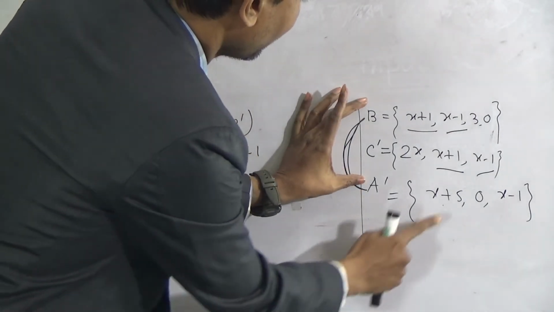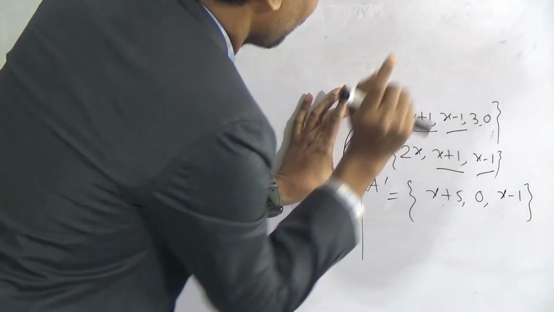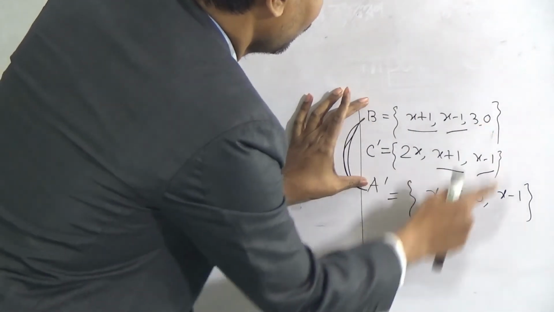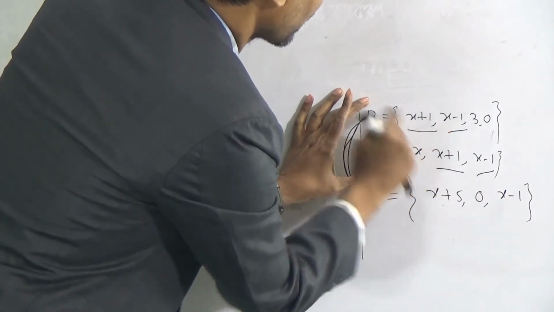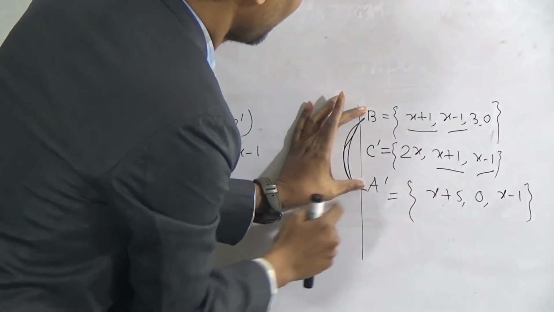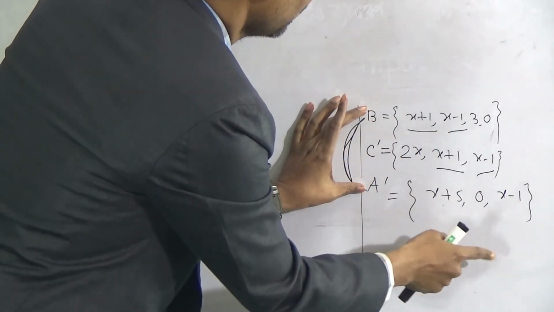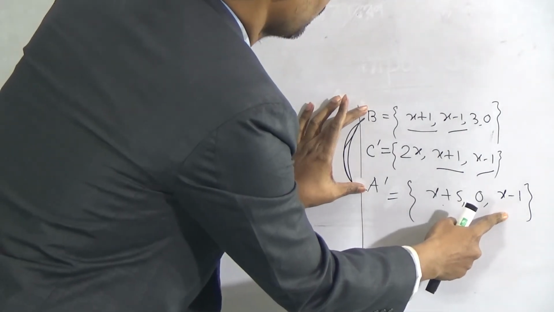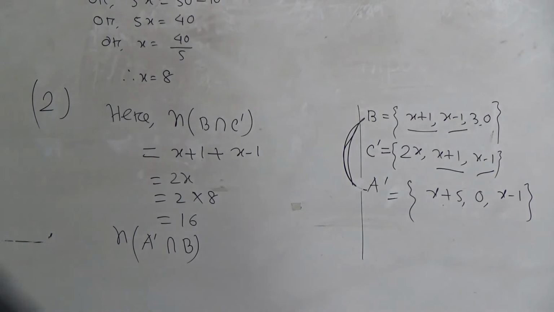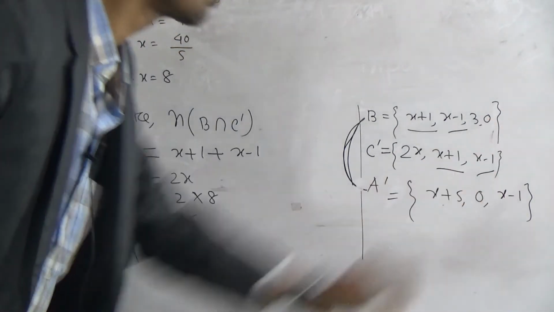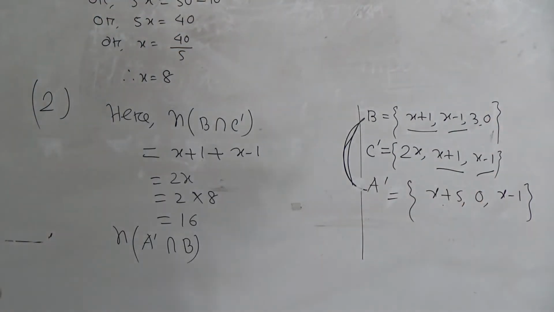And 0 is in both, and x minus 1 is also in both. That means x minus 1 and 0 are the common set. Okay, student, you can write.